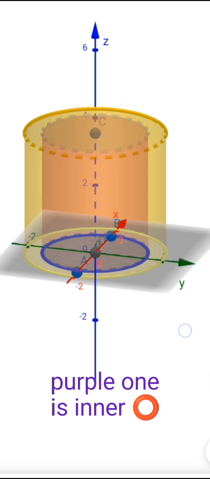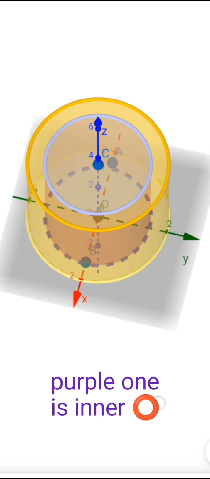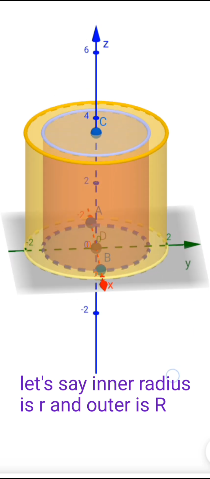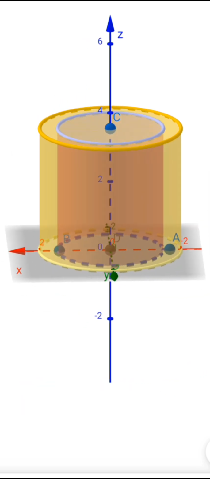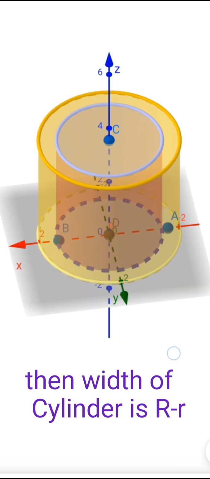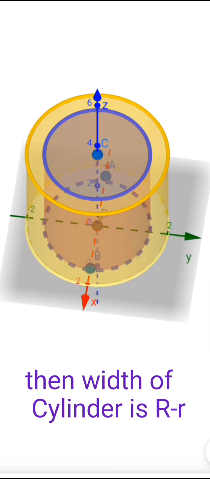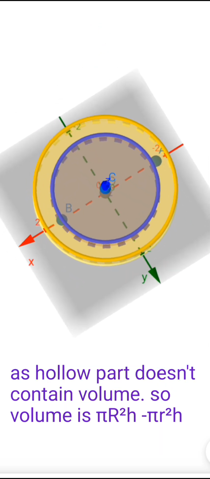Here the yellow one is outer circle and the purple one at the bottom side is inner circle. Let's say the inner and outer radius are small r and capital R respectively. Because it is hollow and there is a difference between inner and outer radius, there is always some width, which is capital R minus small r.